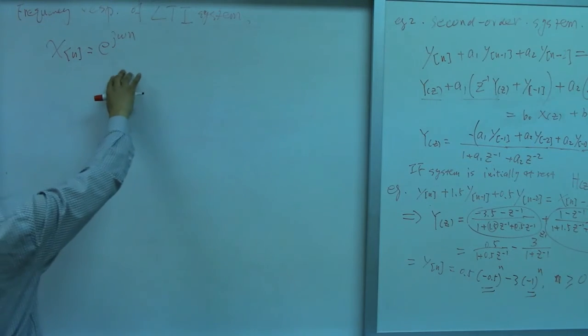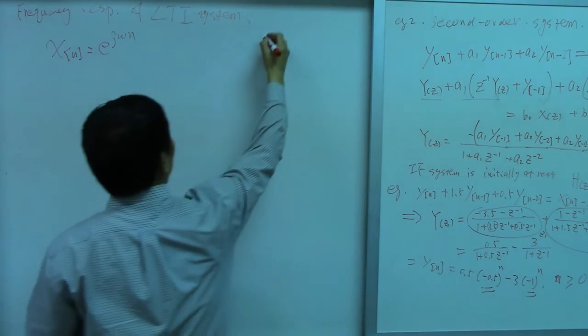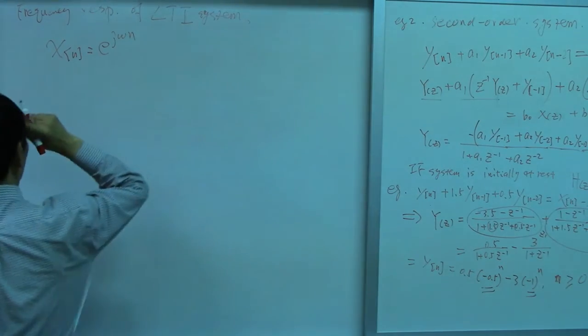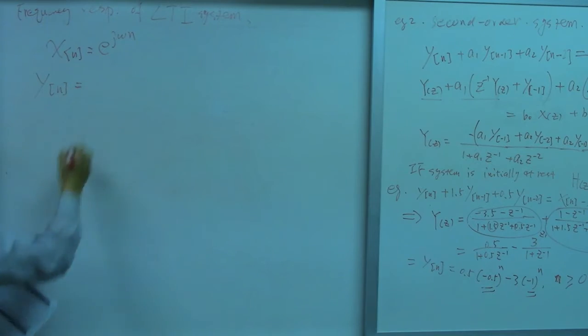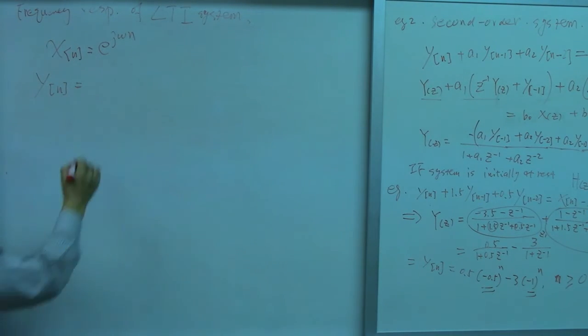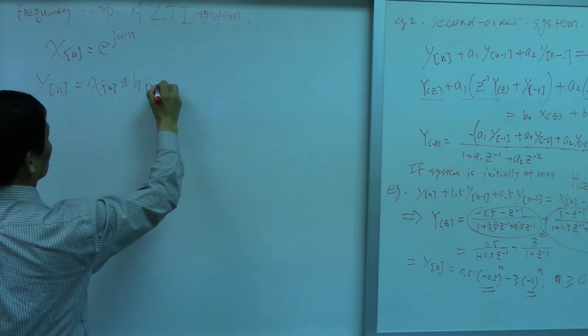So for this, suppose we know the impulse response is h[n]. So what is the output? The output will be equal to the input convolved with the impulse response.